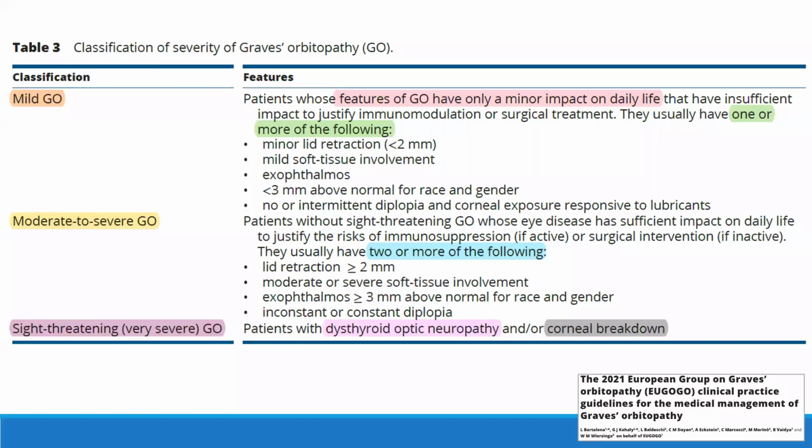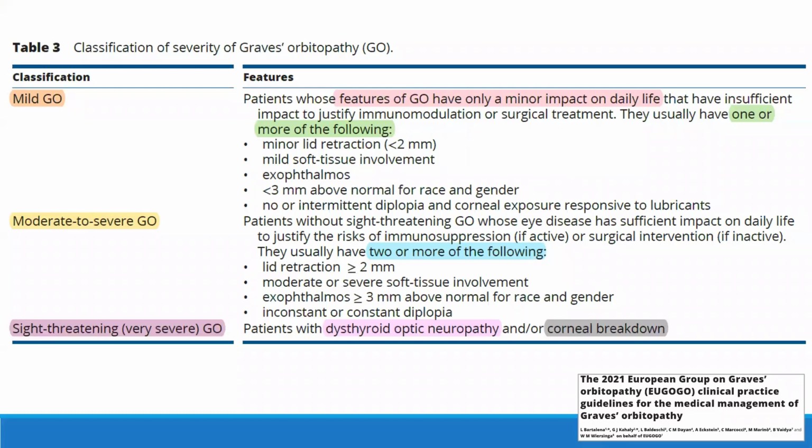Mild, in which there is one or more of the following features: minor lid retraction, mild soft tissue involvement, exophthalmos less than 3 mm above normal for race and gender, no or intermittent diplopia. Moderate to severe Graves' orbitopathy, this is 2 or more of the following: lid retraction more than 2 mm, moderate to severe soft tissue involvement, exophthalmos more than 3 mm, and inconstant or constant diplopia.